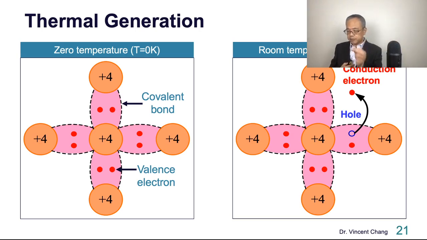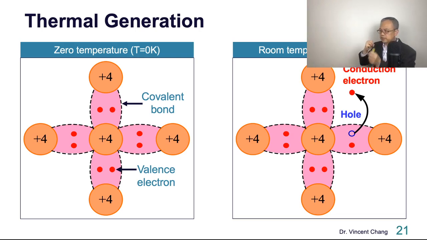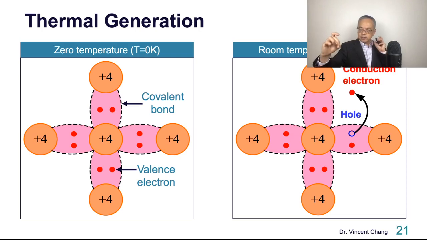So this kind of empty seat can cause the electrons surrounding the seat to compete with each other to see which electron can occupy, can take the seat, can take the spot. And then the process of an electron taking that spot can be equivalently translated to the seat going backward in an opposite direction.